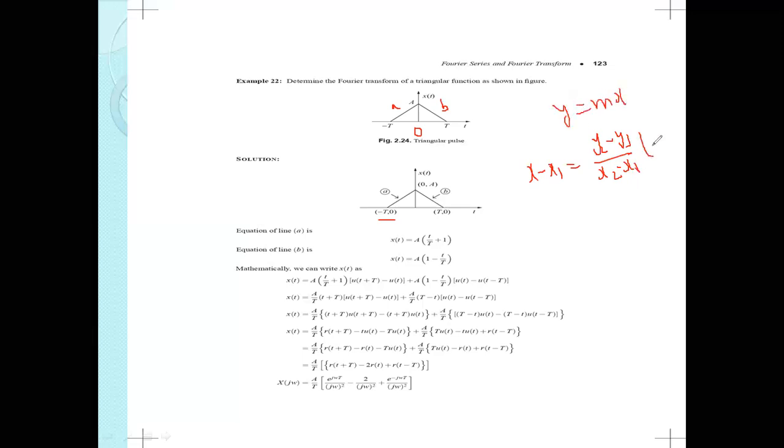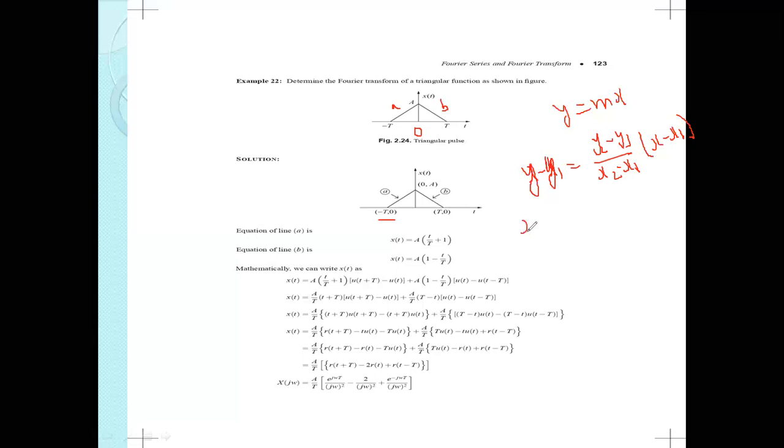So here it is x minus x1, and y minus y1. Okay, and this one is considered as: x is the t function and y is the x of t.